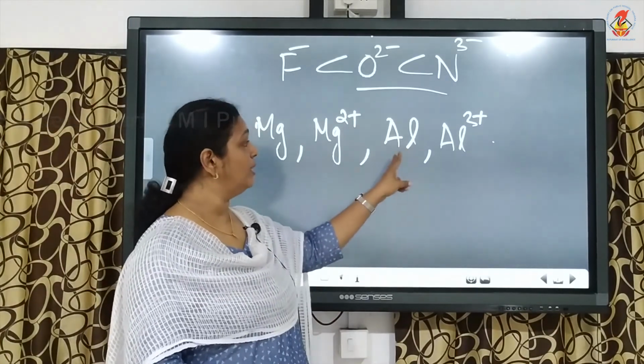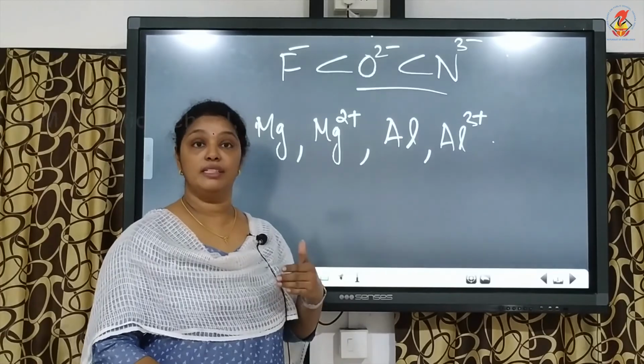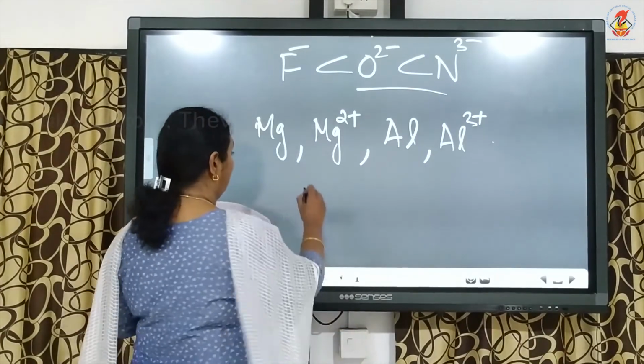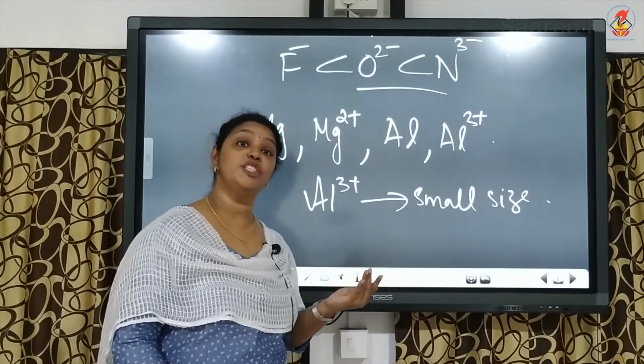So here we have two cations. Aluminium has the highest charge. So which has the smallest size here? Al3 plus has the smallest size among these species given. And which has the largest size here? Size of parent atom is greater.